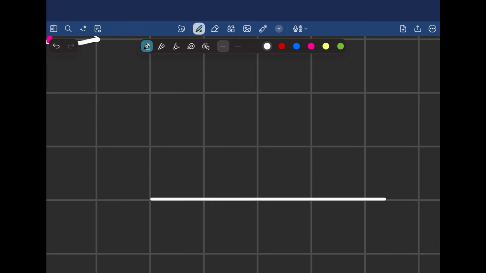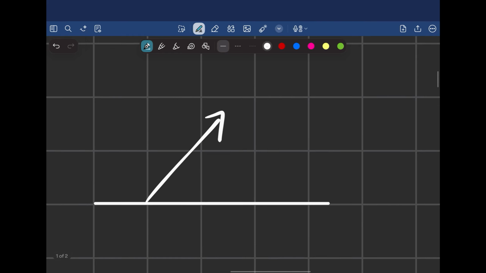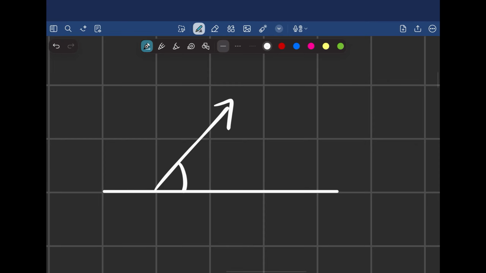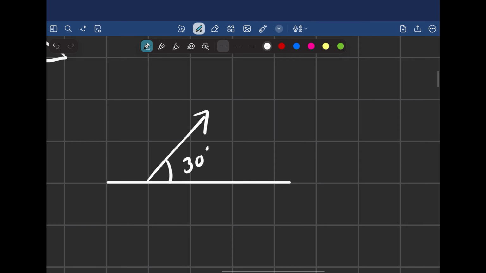a surface, and you have, like, let's say, a vector pointing this direction at an angle of 30 degrees. When we're doing some analysis here, we want to figure out how much it goes up, how much it goes to the right. Now, this is not to scale, so we can't just measure it.